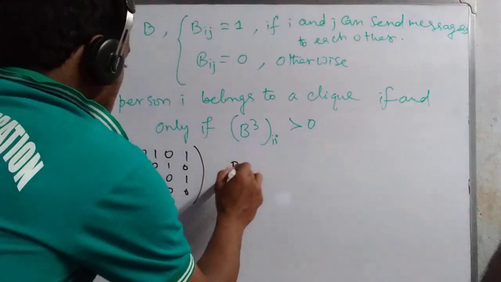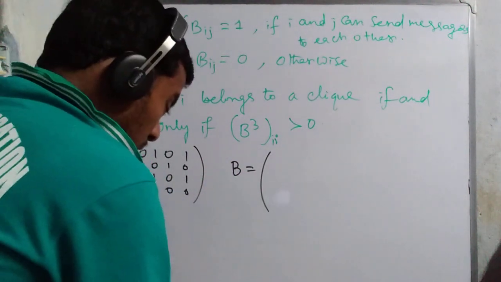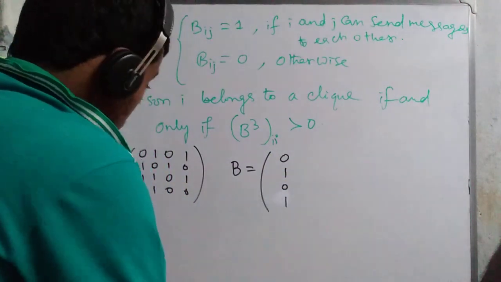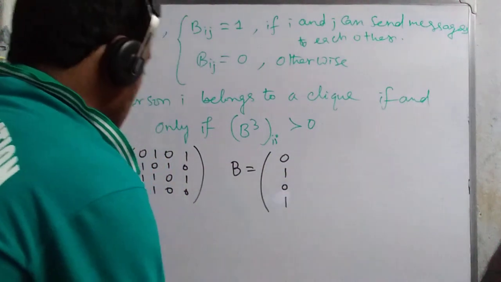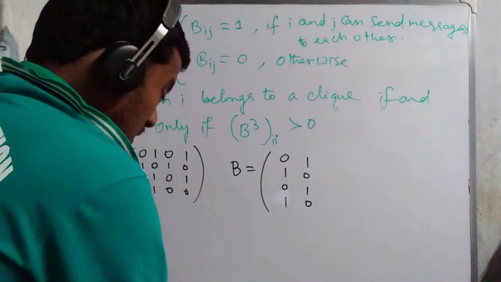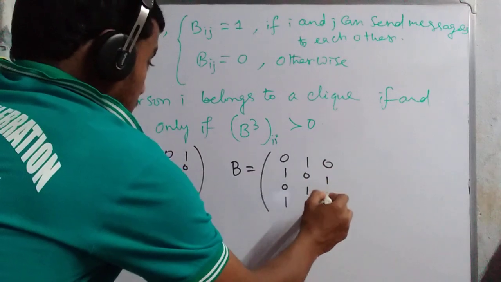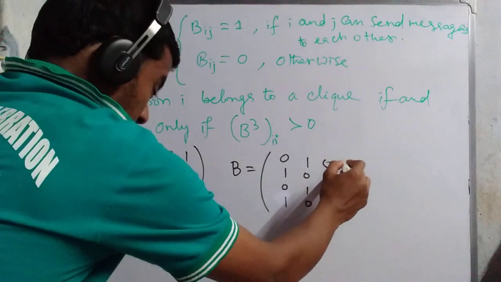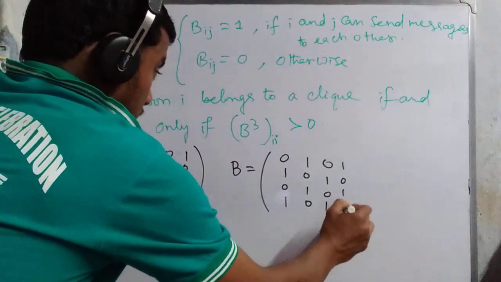That means B equal to 0 1 0 1, 1 0 1 0, 0 1 0 1, and 1 0 1 0.